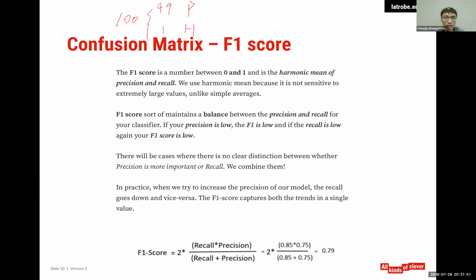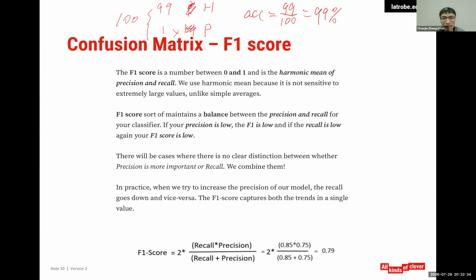If we have a model that can only make negative predictions, so it treats all the people as healthy, then accuracy can achieve 99 over 100, because it makes only one wrong prediction. So it can still achieve 99% accuracy.